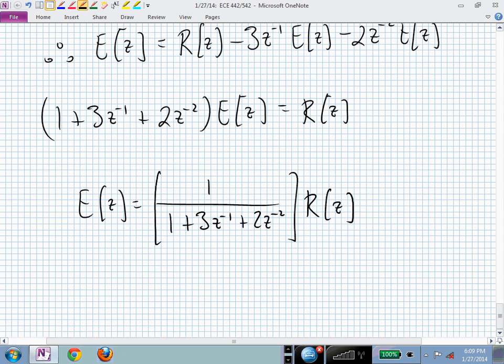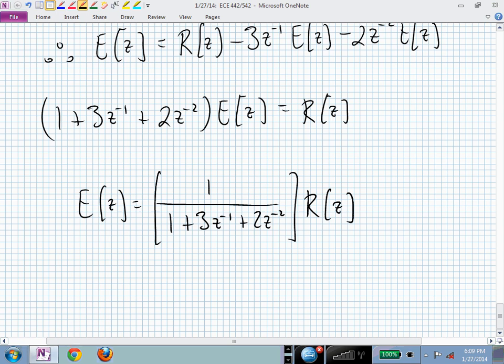So if we wanted it, we could claim this is a transfer function. It is between the reference input r and the error signal E, where that error signal E is the output of that summing junction. And you could now, well, we'll do that in a minute if we want, find a difference equation.